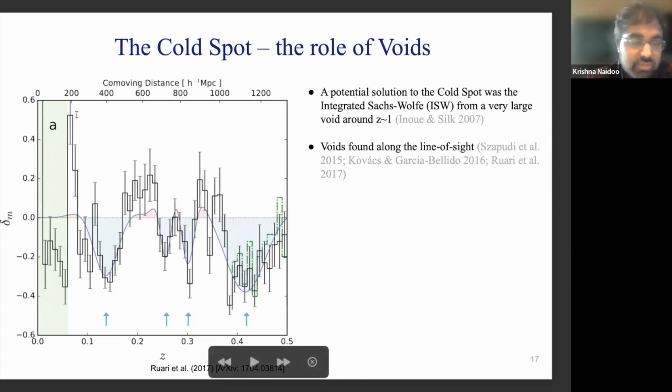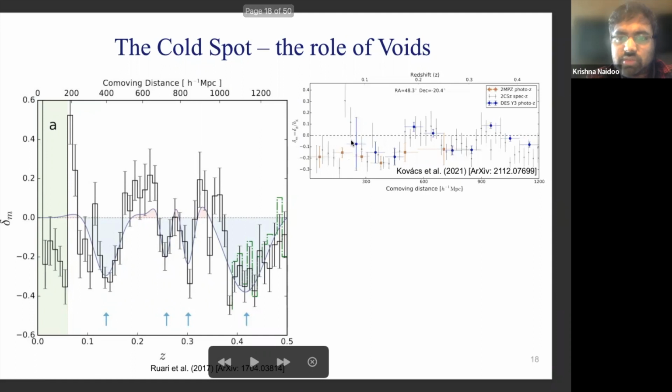These are voids from a pencil beam survey in the cold spot direction. This is from a spectroscopic survey, and similar measurements have been made with photometric surveys. This is from DES.